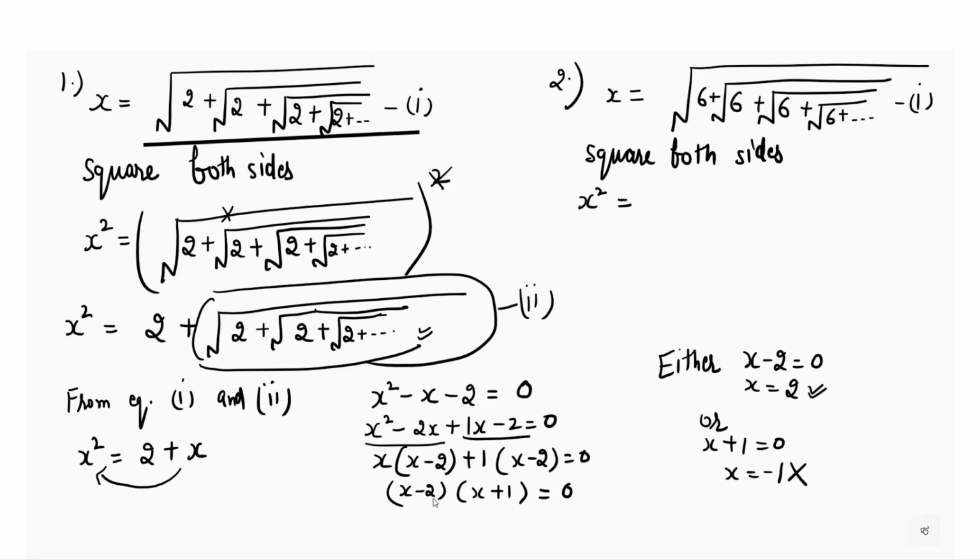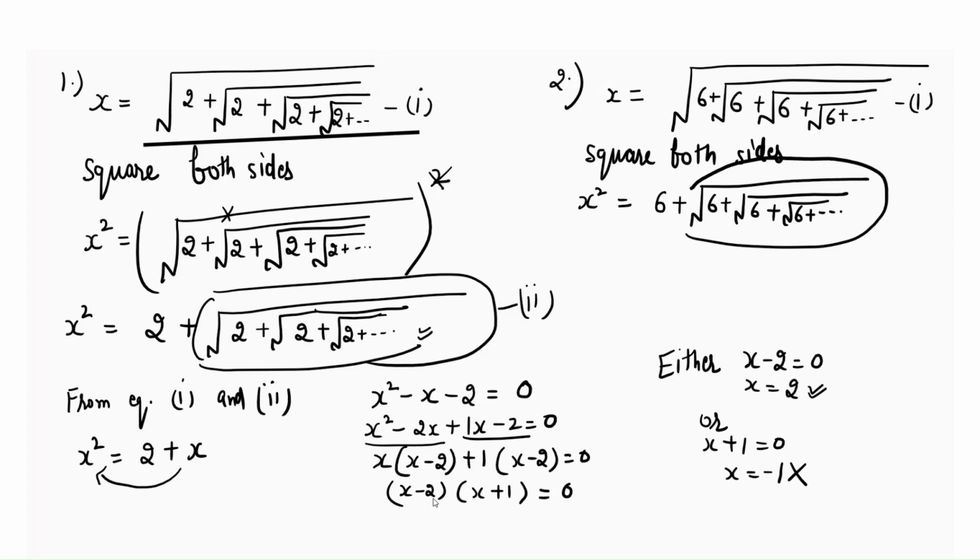Then the square root of the first 6 will get cancelled with the square. So we'll get 6 plus the whole term, which is the same, 6 plus root 6 plus and so on. This part is equal to x. So in place of this part, we'll write x squared is equal to 6 plus x.